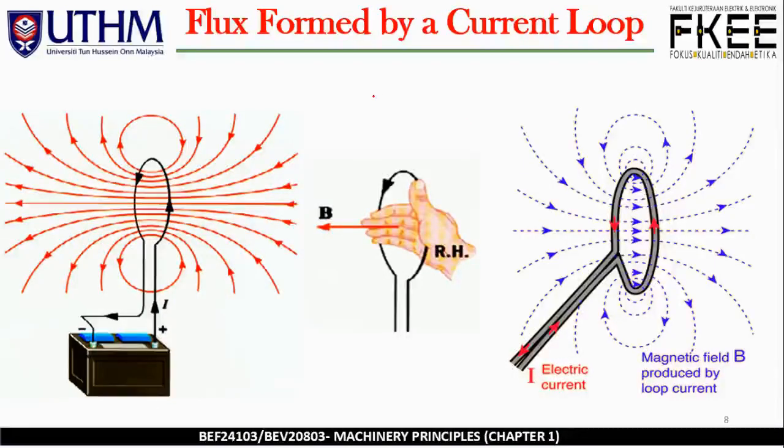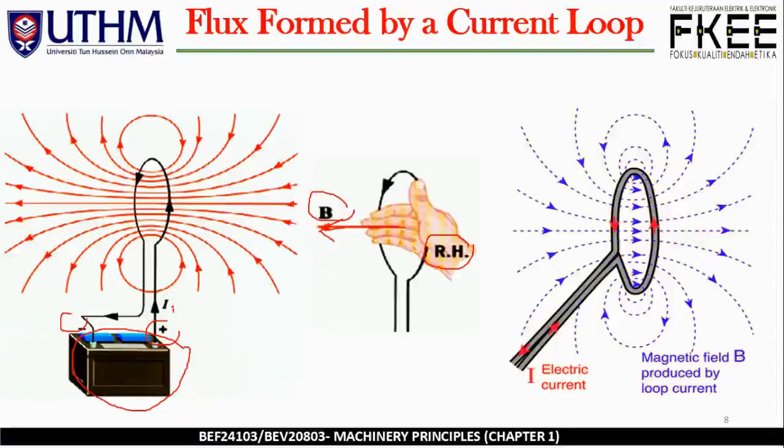So, flux formed by a current loop. Again, this is the right hand, representing your magnetic field density, and then we have your dry cell, for example, over here, your supply with positive and negative terminal.